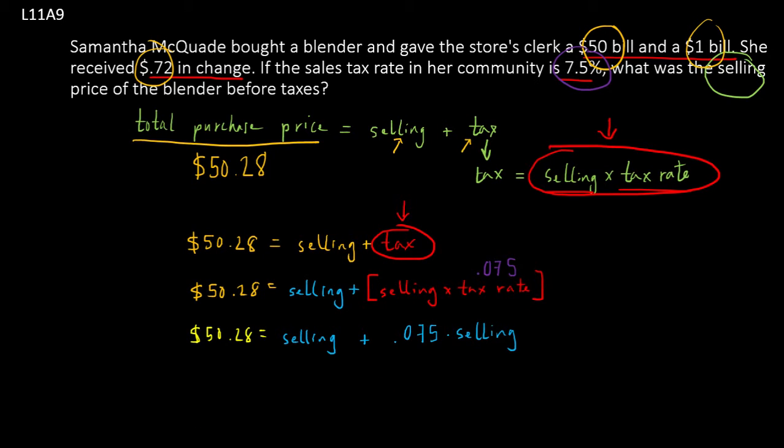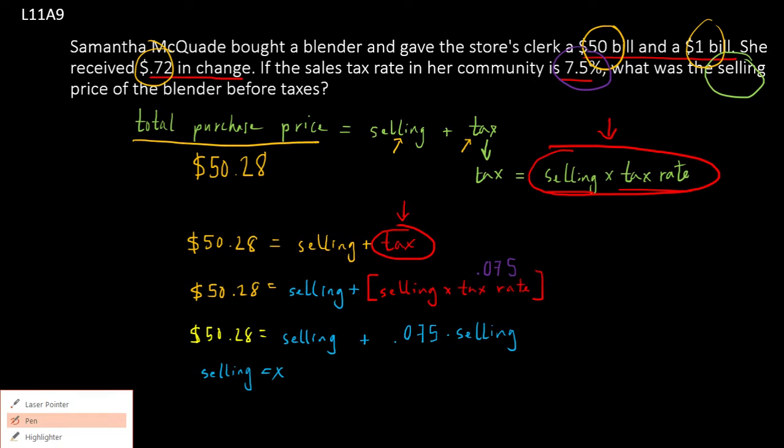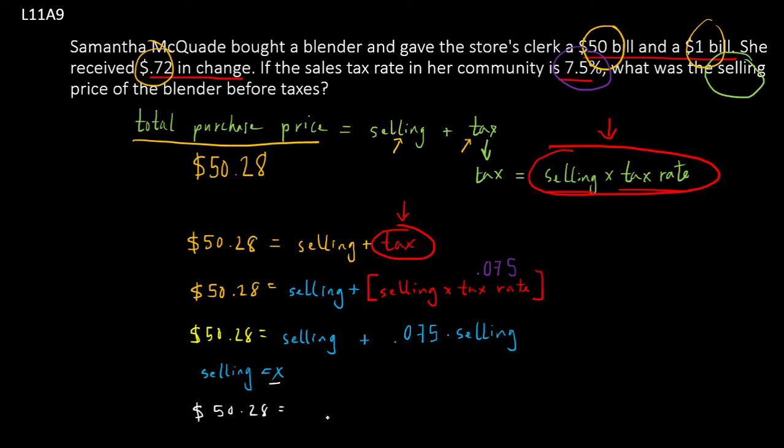Now let's represent selling price as X. We're going to call selling X. And I think you'll see how easy it is to solve the equation from here. So let's see. If I replace selling with X, I get 50.28 equals X plus 0.075X.